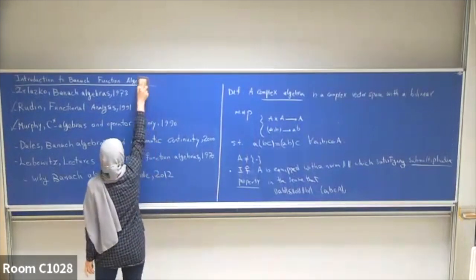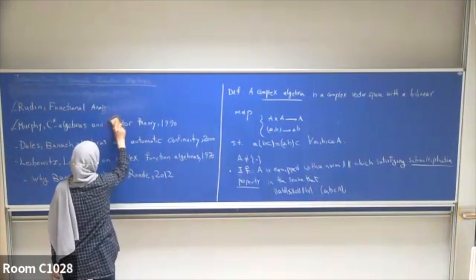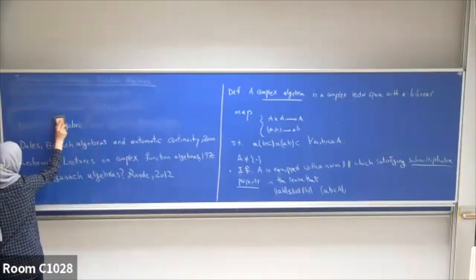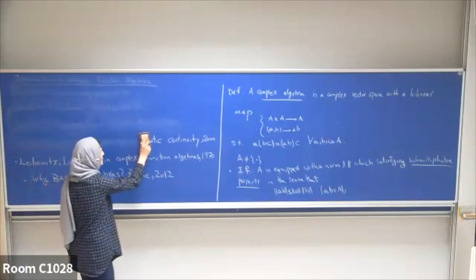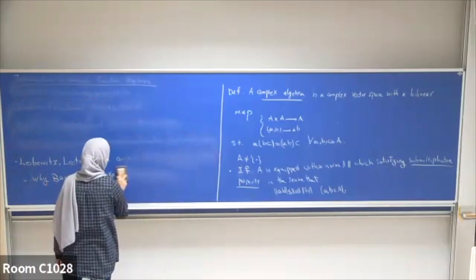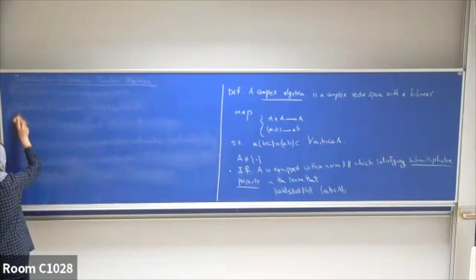In general, CB of X is... C0 of X is not unital. Actually, it's an easy exercise you can do and check that C0 of X is unital if and only if X is compact.